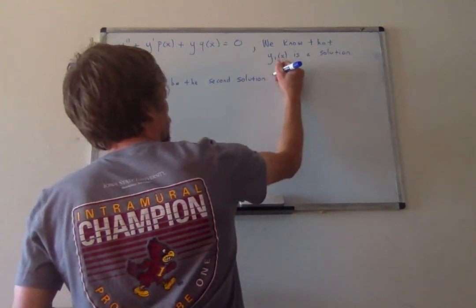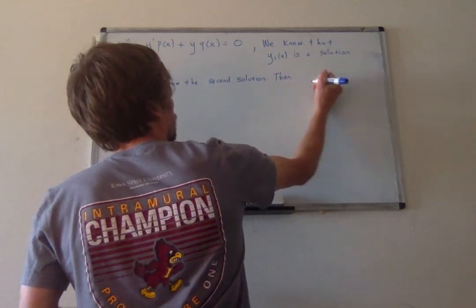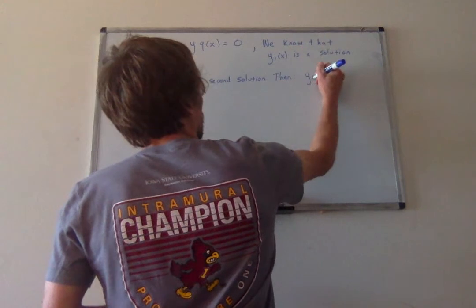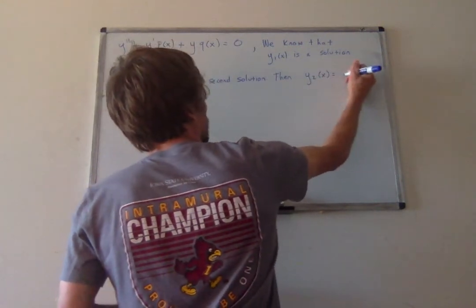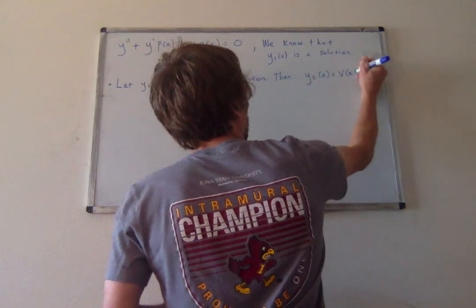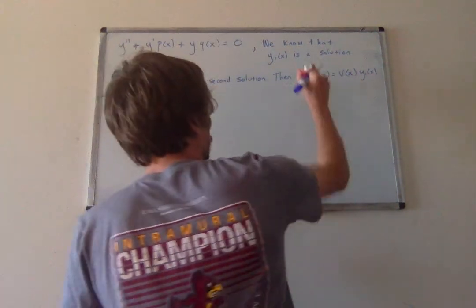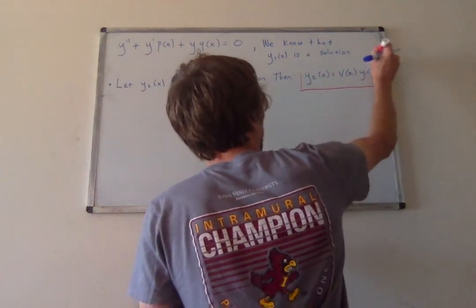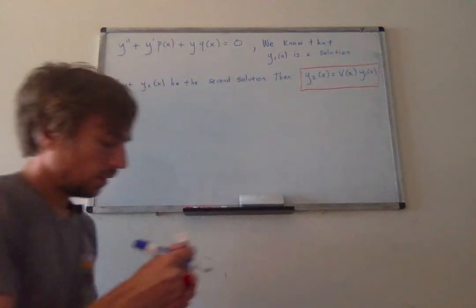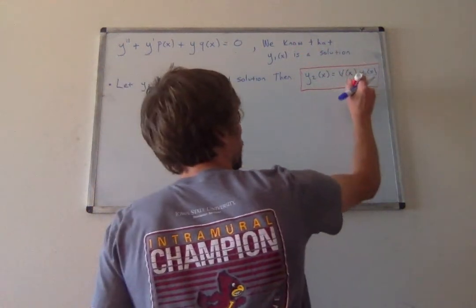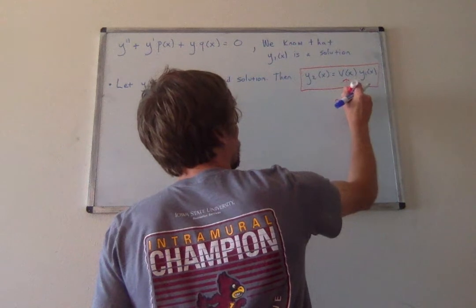And so what this means is that y2 of x is equal to v of x times y1 of x, where, I'll explain what I mean here, v of x is specifically non-constant.